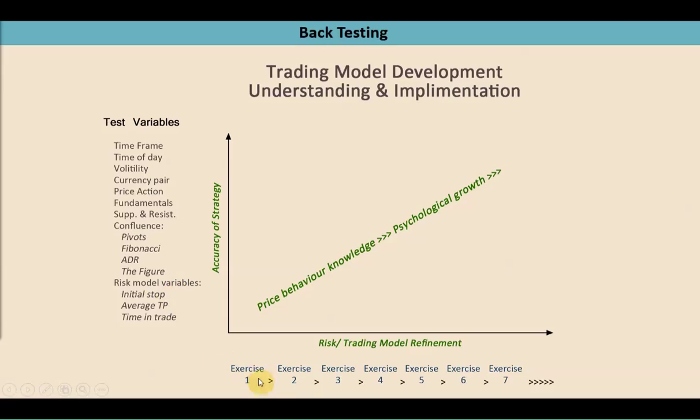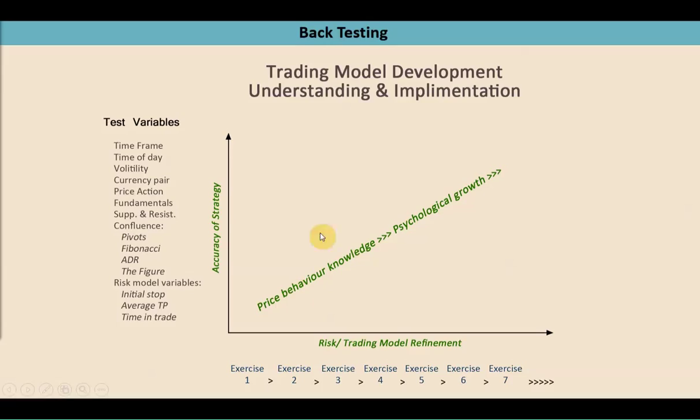So as you go through these various exercises and your sample size begins to grow, your knowledge of the specific price behaviors and your personal psychology as far as that particular trading system begins to grow also. Your risk model and your trading model become refined, which in turn reduces your risk, and obviously the accuracy of your strategy is improved.